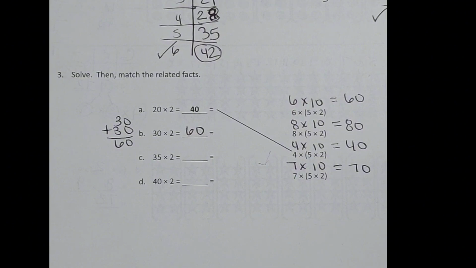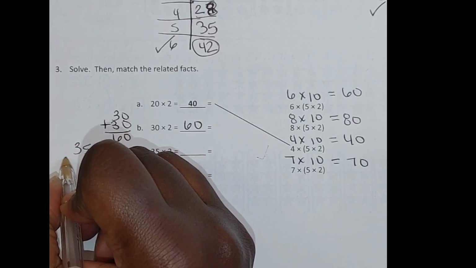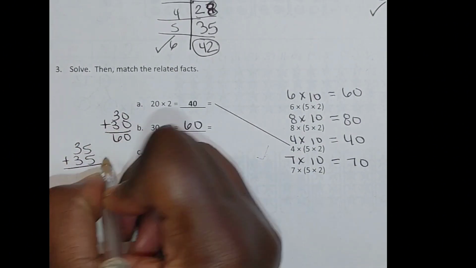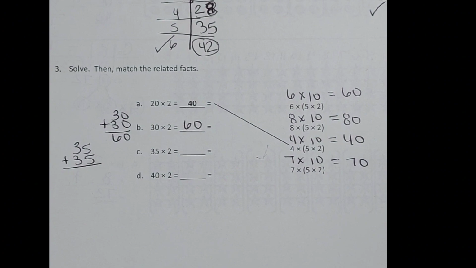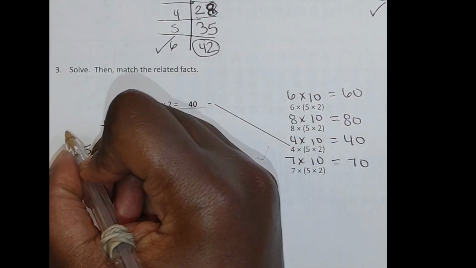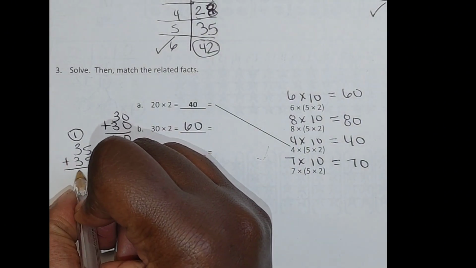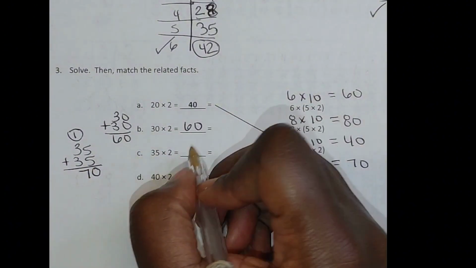35 times 2 is the same thing as saying 35 plus 35. And you solve it. 5 plus 5 is 10. 3 plus 3 is 6. Plus 1 is 7. That's 70.